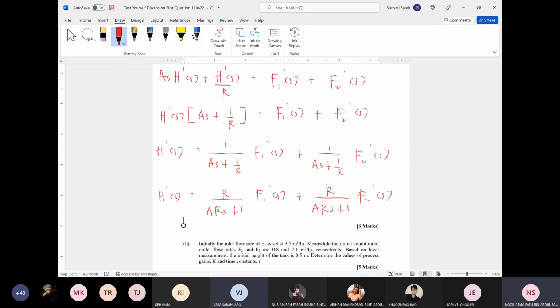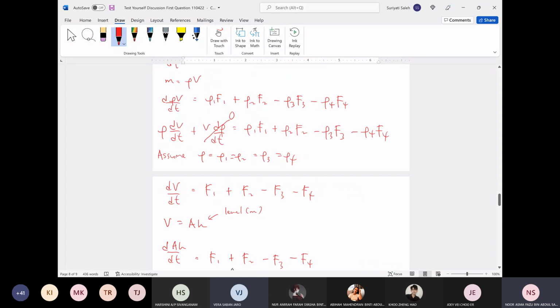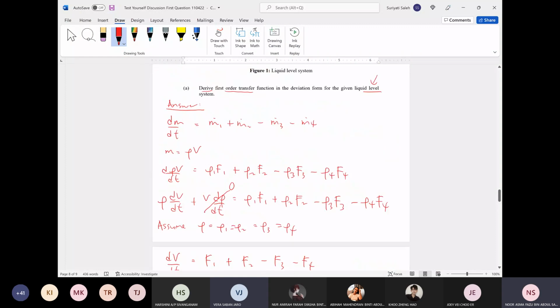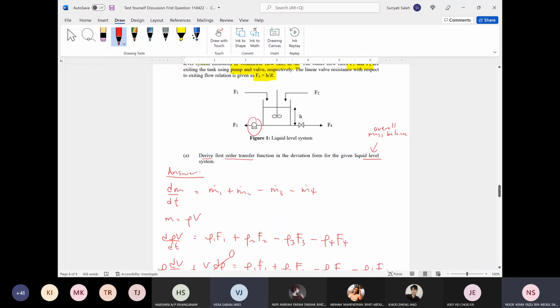Any question? Doctor, can we directly start from A dH/dt equals F1 plus F2 minus F3 minus F4? Yes, you can do that. In this case, because here I start from scratch, from the conservation of mass principle, the MDT.